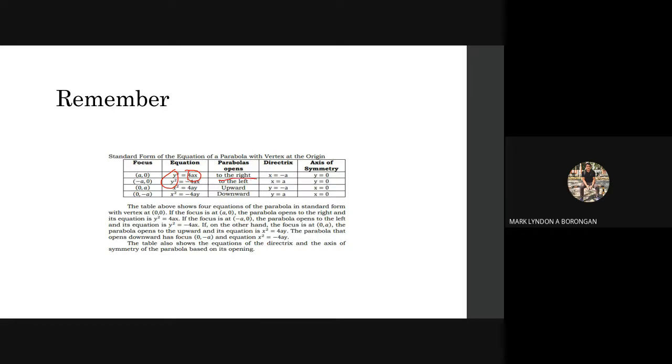And if it opens to the left, that means it is negative. So it will open to the left. In the same manner, if it opens upward, it is because it is positive, and downward is because it is negative. Okay? That's all.